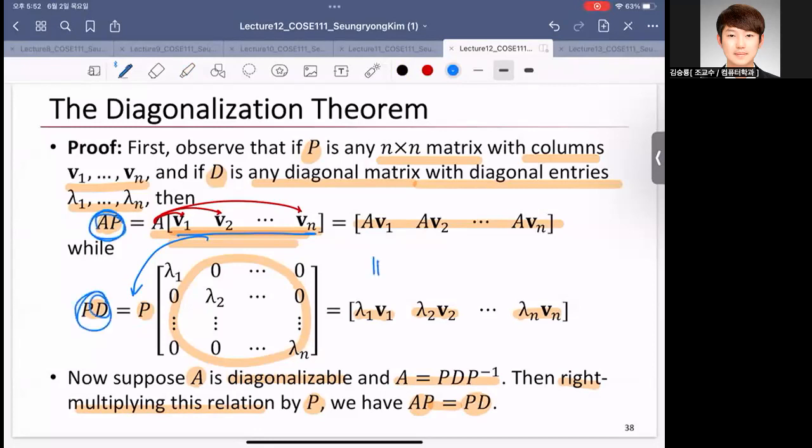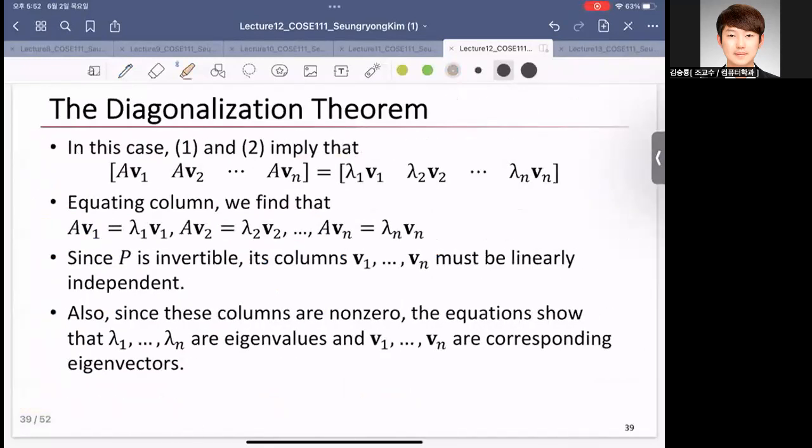So each column vector should be the same. Let's call these equation 1 and equation 2. In this case, 1 and 2 imply this equation. Equating columns, we find that AV1 is equal to lambda 1 V1, AV2 is equal to lambda 2 V2, AVn is equal to lambda n Vn. Let's call this equation 3.